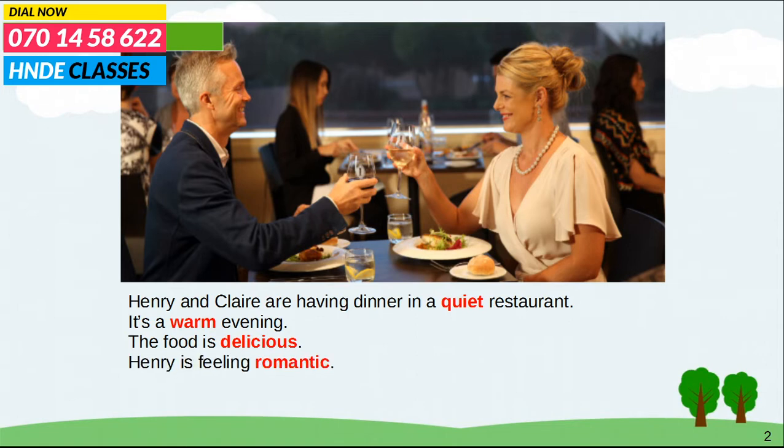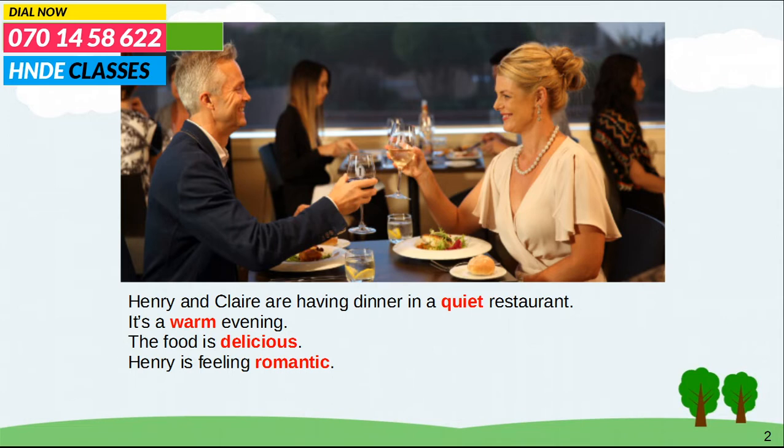Henry is feeling romantic. How is Henry being described here? Henry is being described as romantic. Our noun here, Henry, is being described by this word romantic. In that sense, romantic is an adjective.